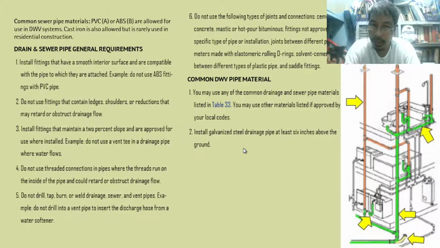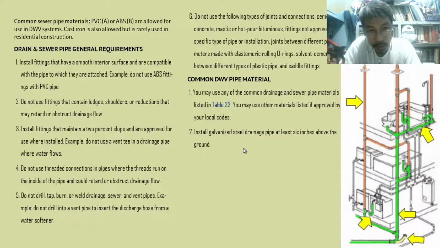And accumulation of dirt is accelerated by what? By interior surfaces that are not smooth. If the interior surface of the pipe is rough, it will collect dirt and later on clog the whole pipe. Okay.